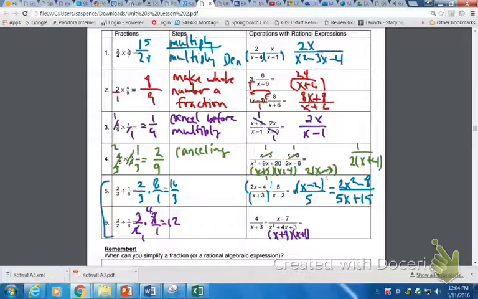Okay. Now, let's change it to multiplication and take the reciprocal. So the x plus 3 times the x plus 1 will be in the numerator, and the x minus 7 will be in the denominator.